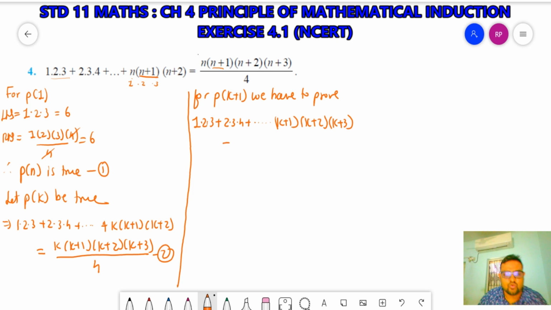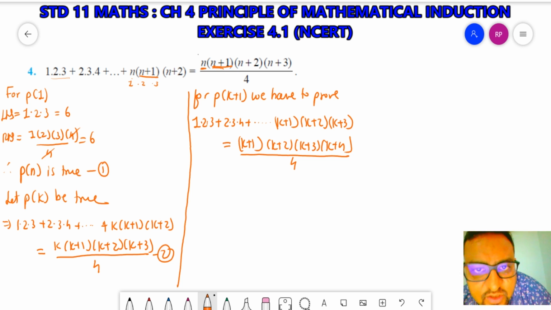This is equal to, now here instead of this n, I will write k plus 1, instead of this n plus 1, k plus 1 plus 1, k plus 2, similarly k plus 3 and k plus 4 upon 4. Okay, so we need to prove this.